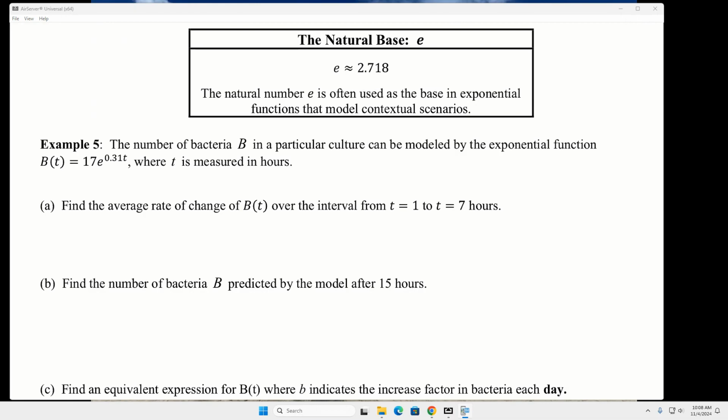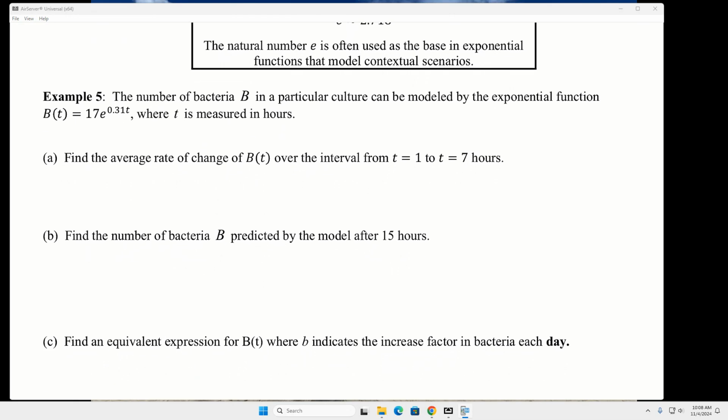And so this example is talking about bacteria. Bacteria a lot of times will grow with E as the base. And so we know the equation for this bacteria growth. And the first problem wants us to find the average rate of change of B over the interval from 1 to 7. I really hope and pray that you guys know how to find the average rate of change of a function.